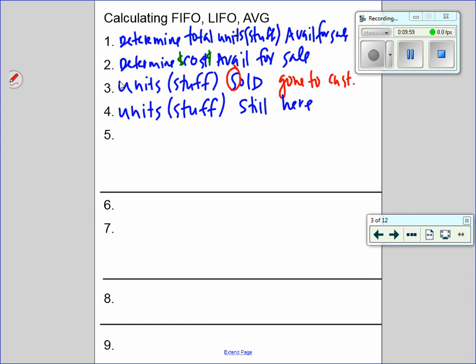Shush. That's the stuff that is not gone. Rather, it's still in our inventory. It's still on the sales floor, or in the warehouse. Sorry. The inventory, whether it's out on the sales floor, in a warehouse, in the back storage room.